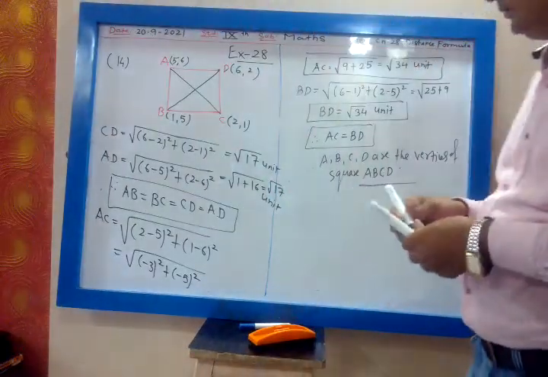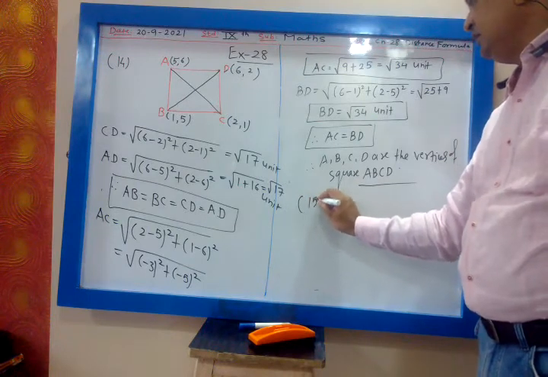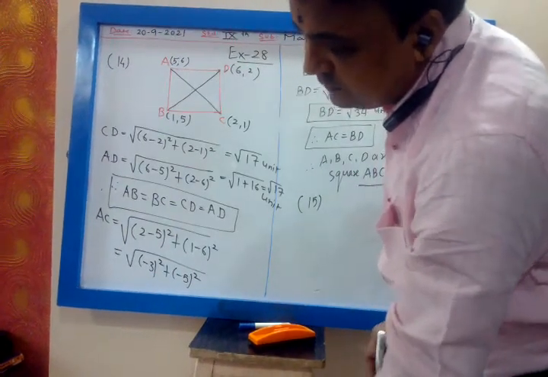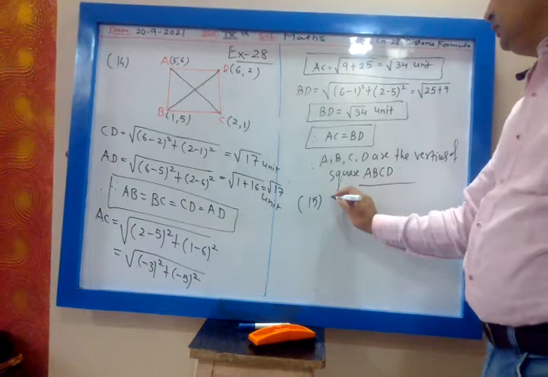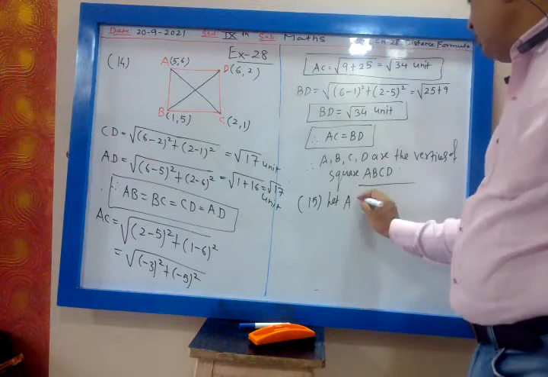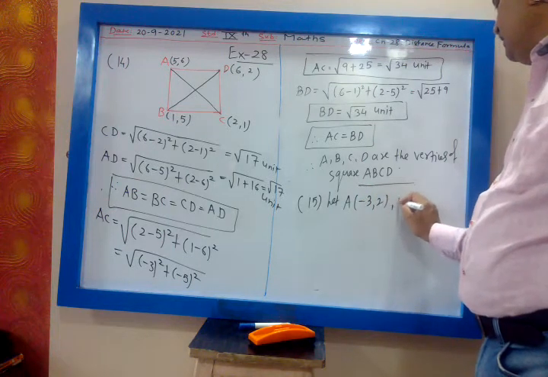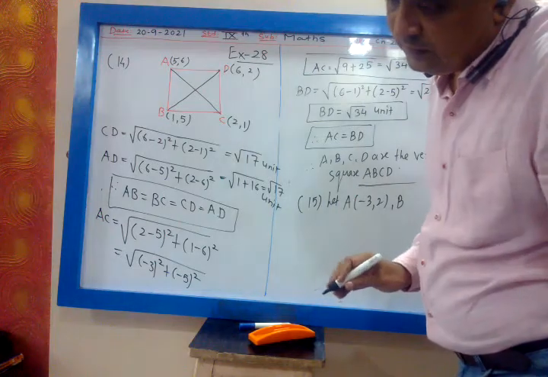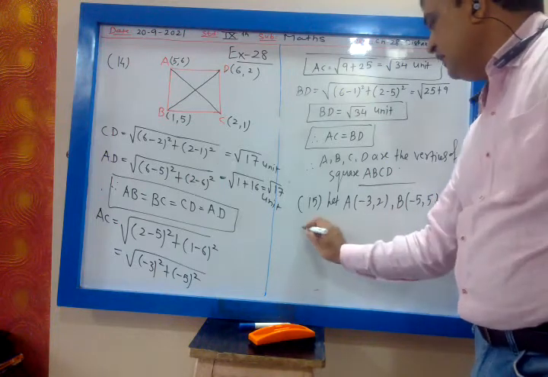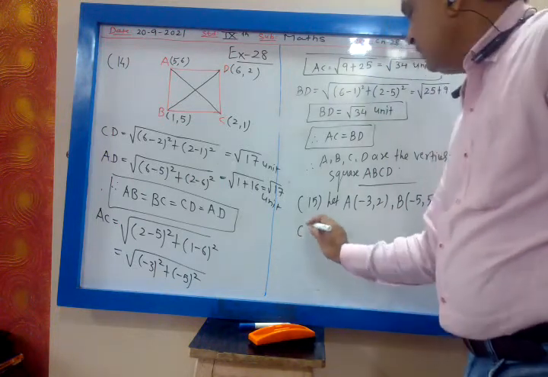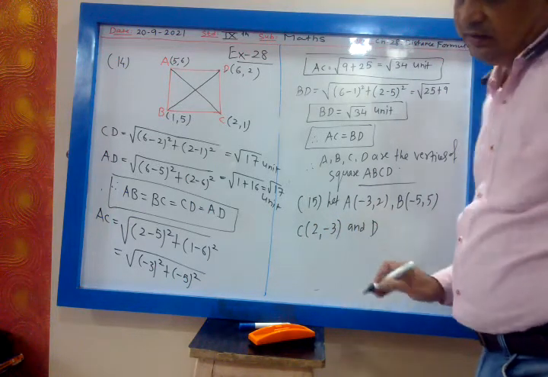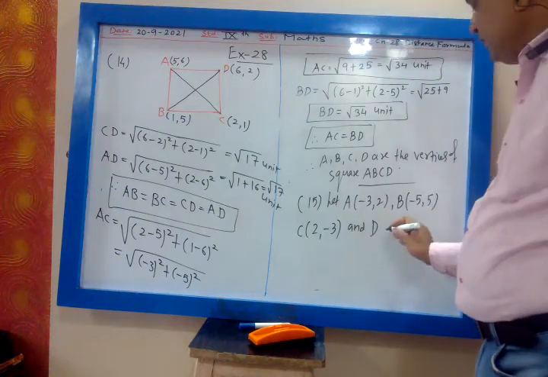So 15th, to show that minus 3 comma 2, okay. So let A be the first coordinate, minus 3 comma 2, we take B as second point, minus 5 comma 5, C is 2 comma minus 3 and D is 4 comma 4.